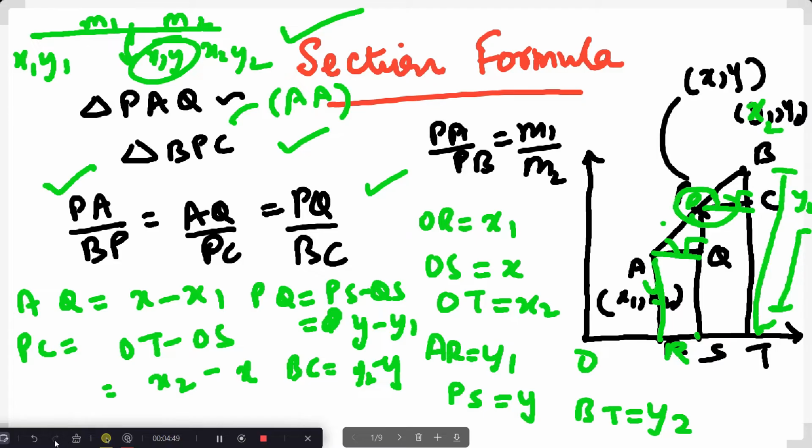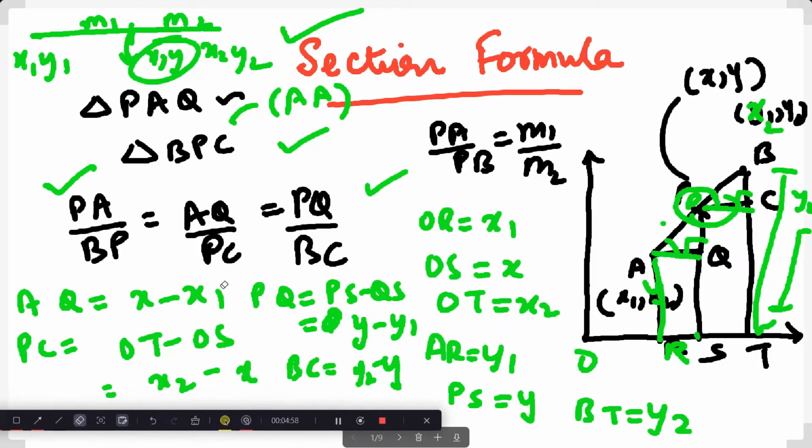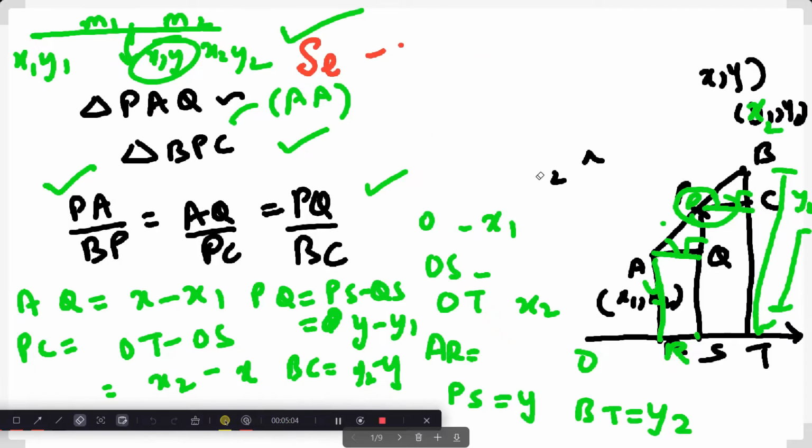Let me clean something up here because it's all a mess right now. We need to basically find x and y, right? That's what is section formula. So we remove this.